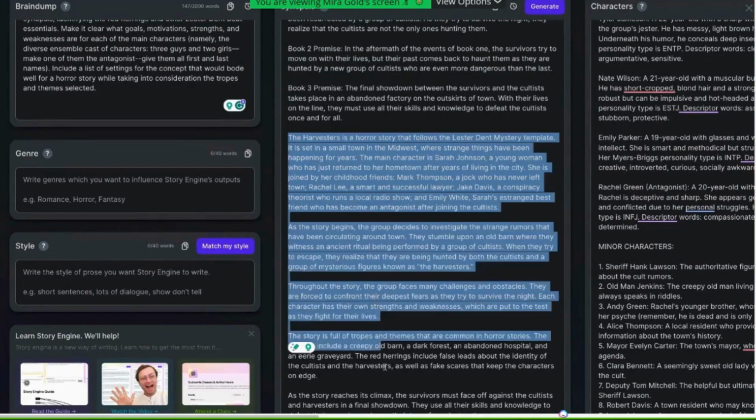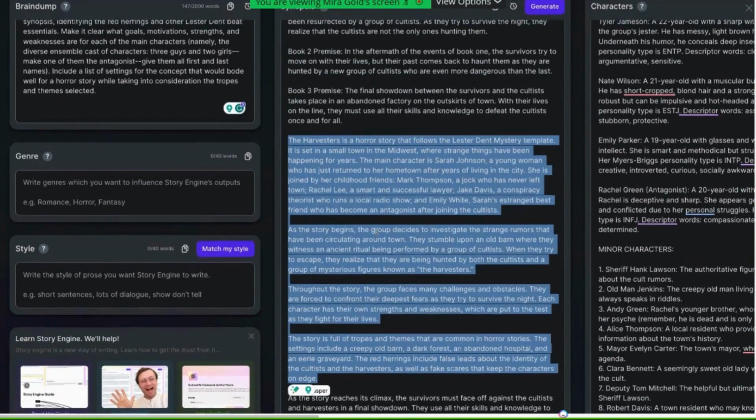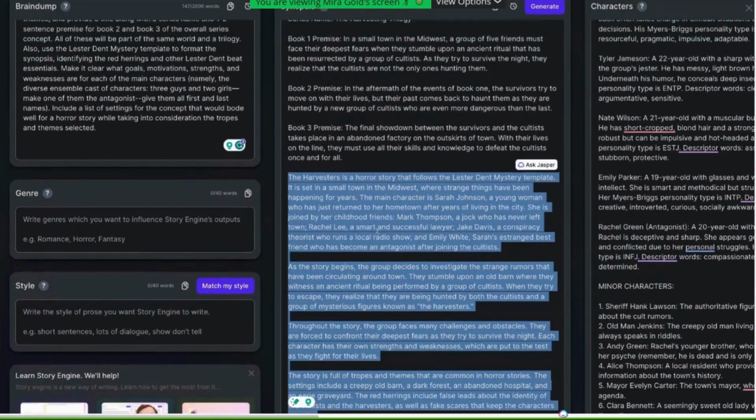This section here is our synopsis. So the reason why I like to do the 3-book premise is because right now, Story Engine does not allow me to actually have more than 12 chapters if I generate 100% through Story Engine.